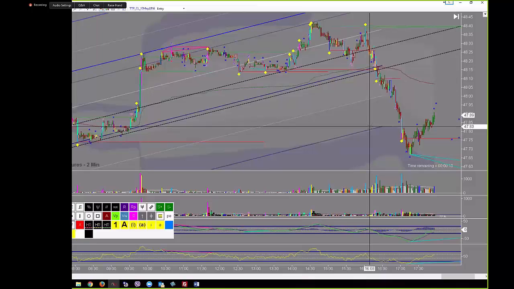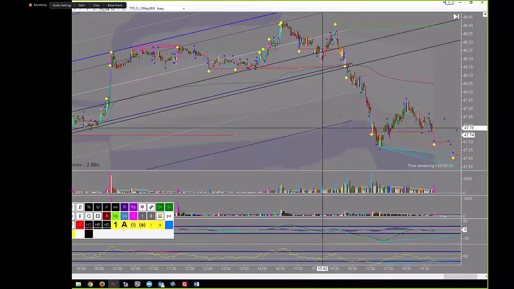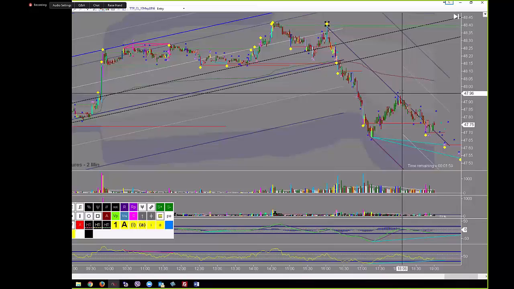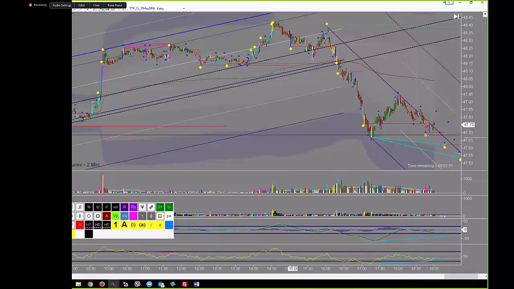So you could then say, all right, well, then you start to look for a trend channel again. So at the moment, as it stands, you could possibly draw in a trend channel through here. Depending on how you look at it, this could be a wave 1, a wave 2.